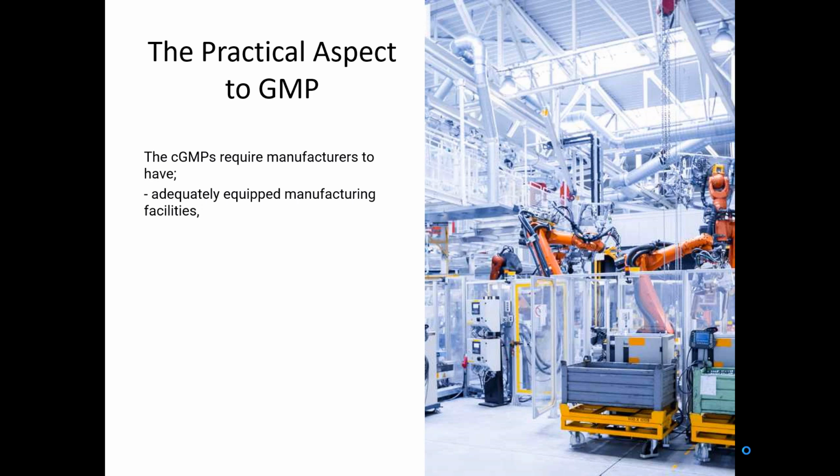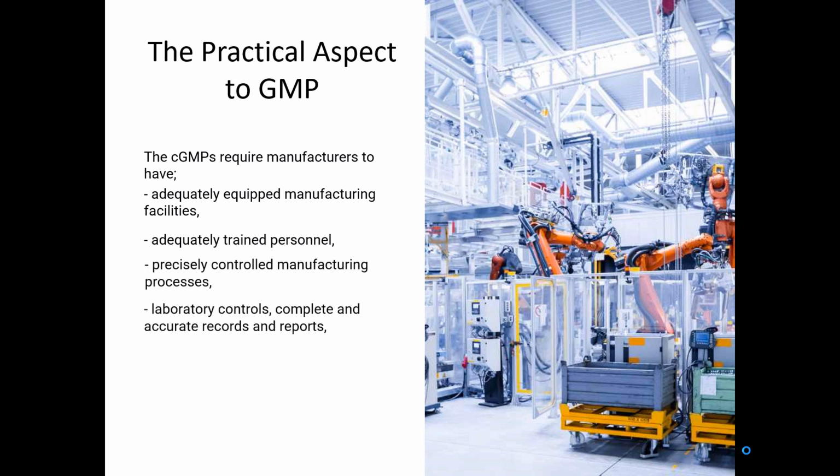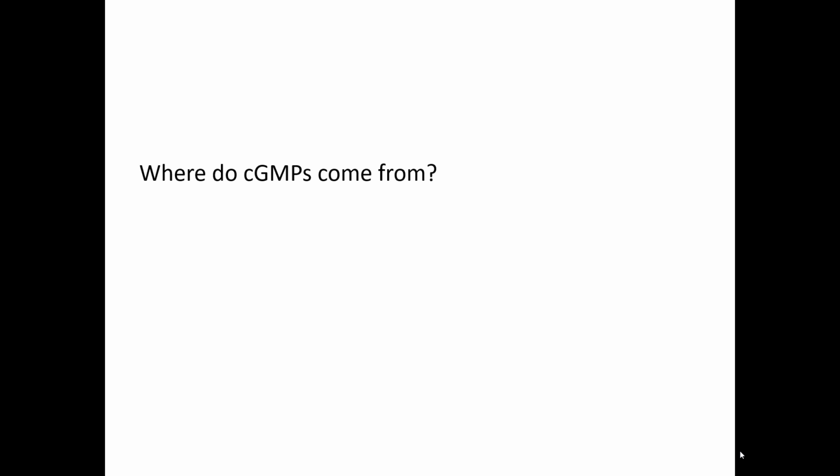Well, the cGMP regulations require you to have adequately equipped manufacturing facilities, have adequately trained personnel, have precisely controlled manufacturing processes, have appropriate laboratory controls in place, have records for all your laboratory controls, and reports of your laboratory analysis and testing and so on, have appropriate finished product examination and other things like that. We've seen this text before.